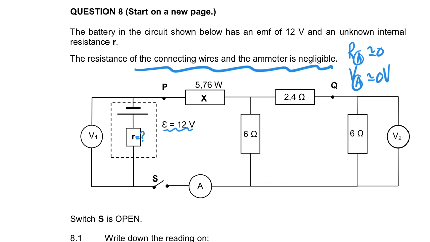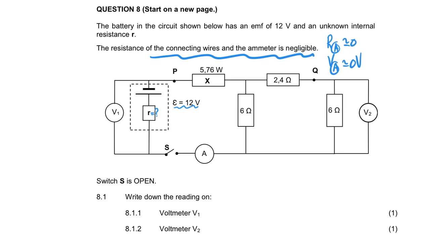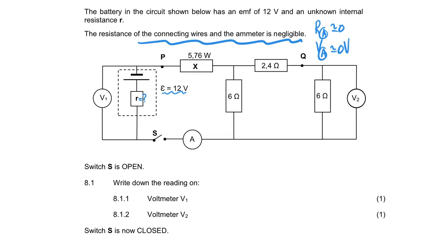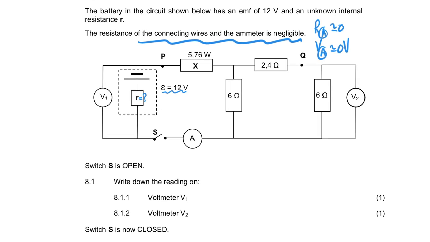Now, it says that S is open. Write down the reading on voltmeter V1 and voltmeter V2. So if we look at V1, V1 is connected across the battery, and V2 is connected across the 6 ohm resistor.